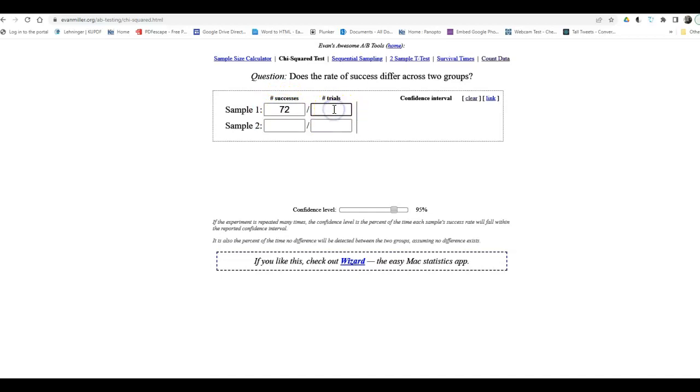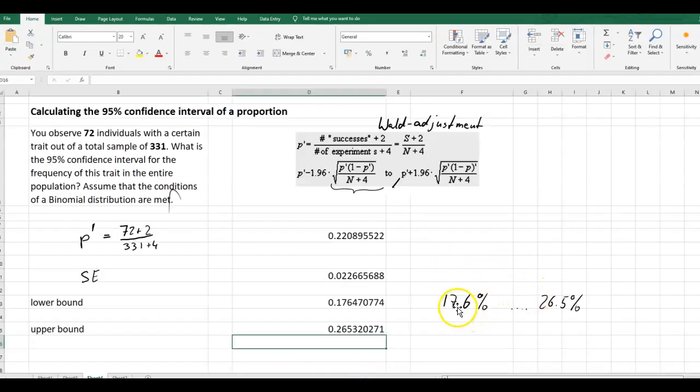In total we had 331 individuals, and we get immediately our values here, 17.6 to 26.5, and again this tallies very nicely with the calculation that we have performed.